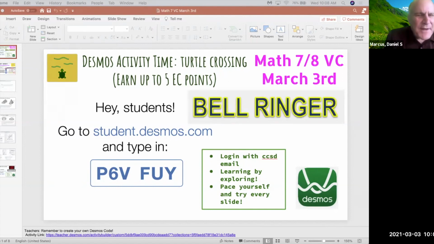I'm going to be very impressed if any of you correctly predict what happens with the turtle when you get to the circle graph. Are you guys just having too much fun?